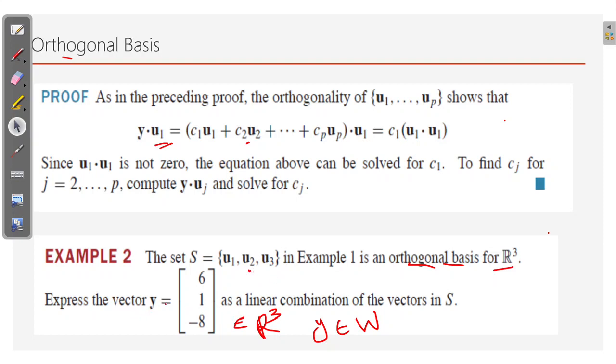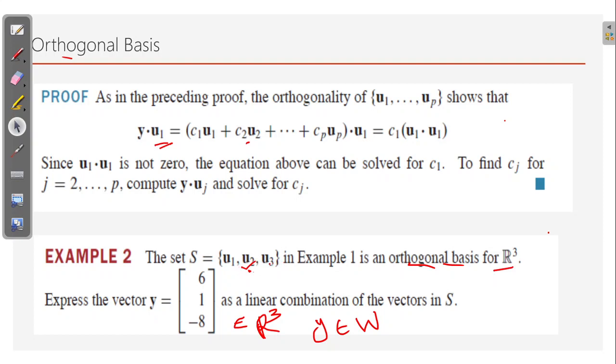Now express the vector y equal to 6, 1, minus 8. The examiner is asking you to find a linear combination of the vectors in S, that is, y expressed as a linear combination of u1, u2, and u3.